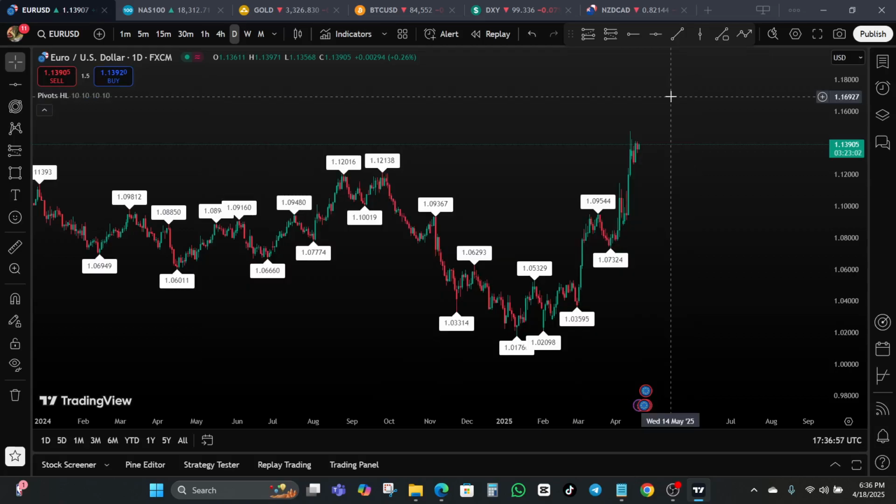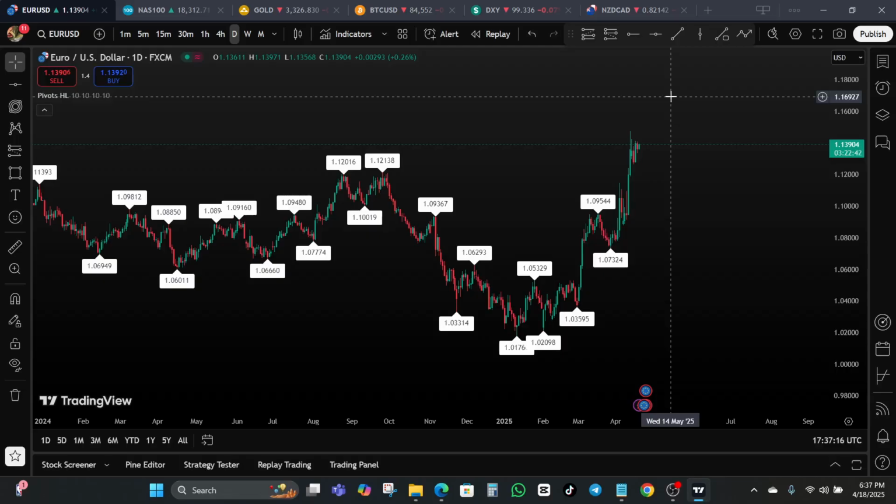Okay, so if you are looking for a cleaner way to read market structure and spot key turning points, this indicator can seriously upgrade your trading game. All right, now let us just start with the basics.